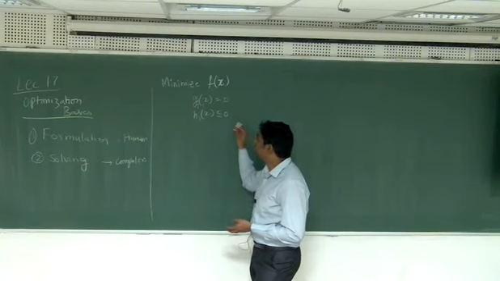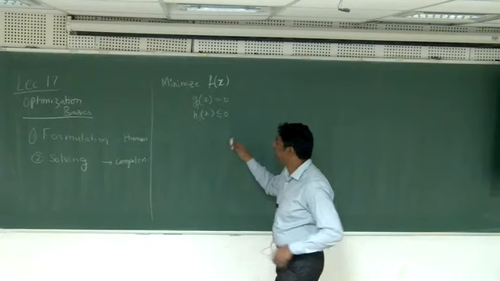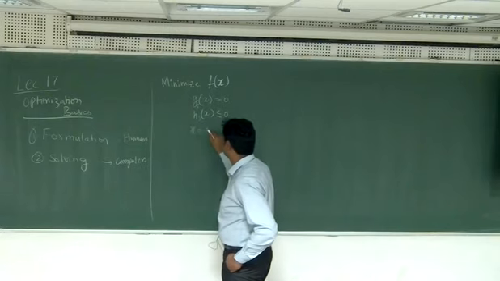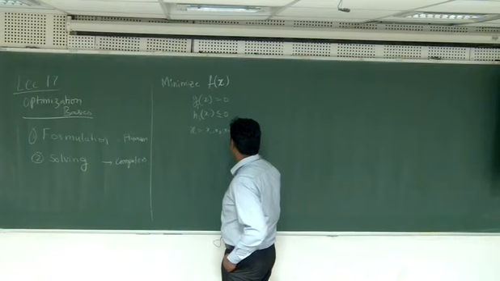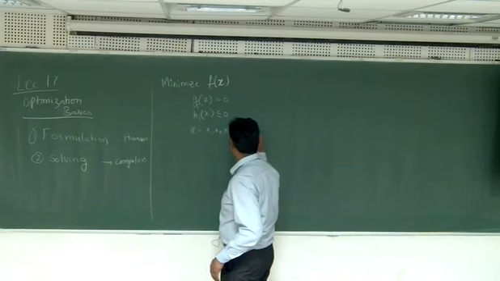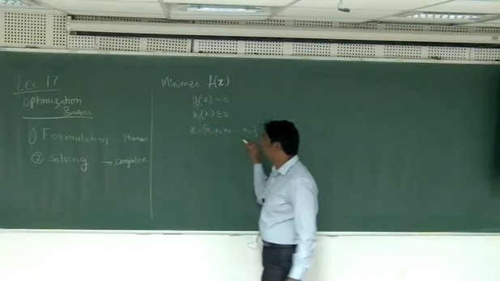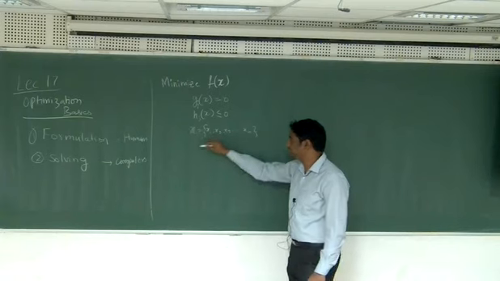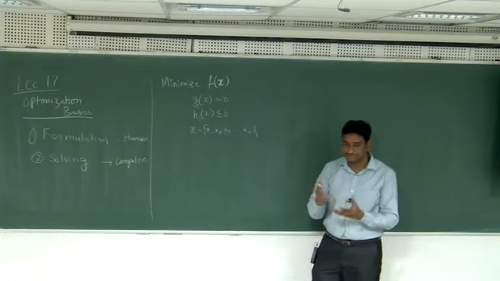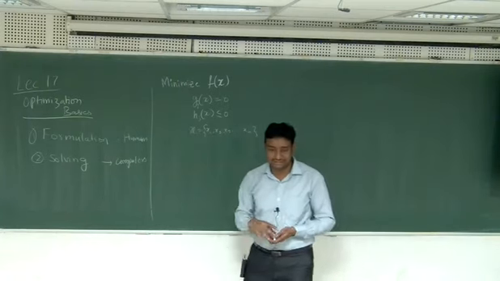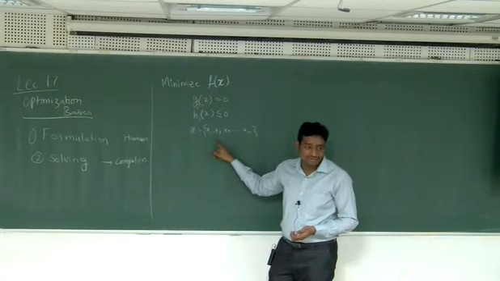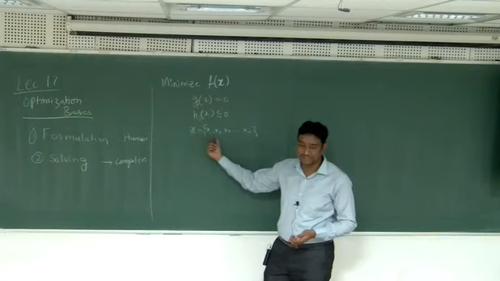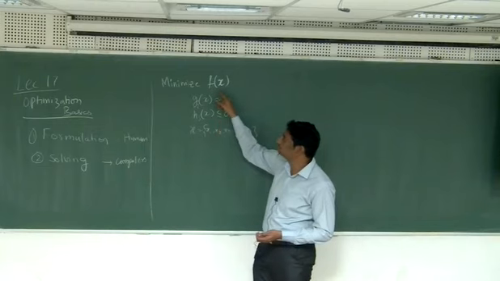So, given this kind of problem, x can be x1, x2, x3, that means multiple unknowns. You don't know the value of x. If you take only two variables, a two-dimensional case, then it is x1, x2. You don't know x1, you don't know x2. Find the best values of x1, x2 so that this function is minimum.